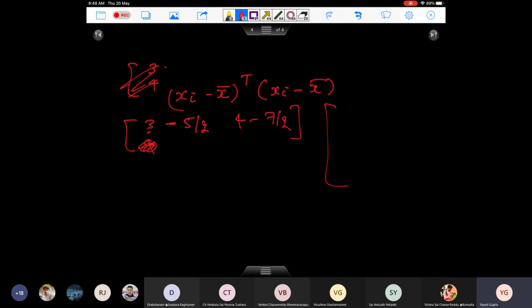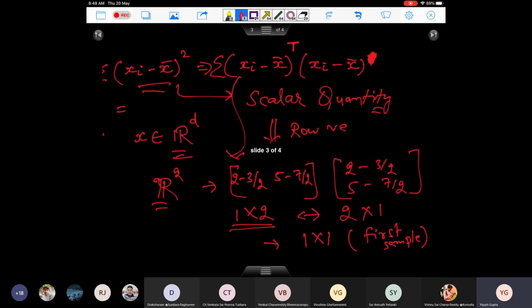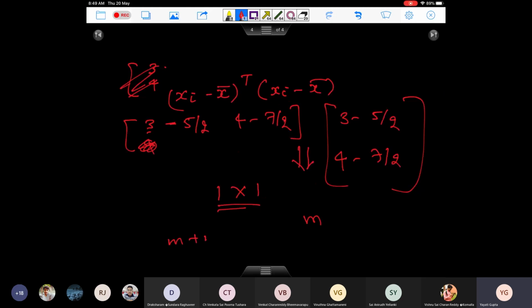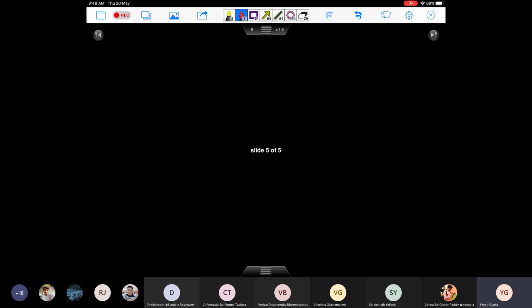This would be multiplied with a column vector 3 minus 5 by 2 and 4 minus 7 by 2. This would again boil down to a 1 cross 1 entity if you multiply these two. Let's say this number comes out to be m, and in this resultant, let's say, came down to n. So m plus n would be nothing but the variance of your data. I hope this is clear to you.